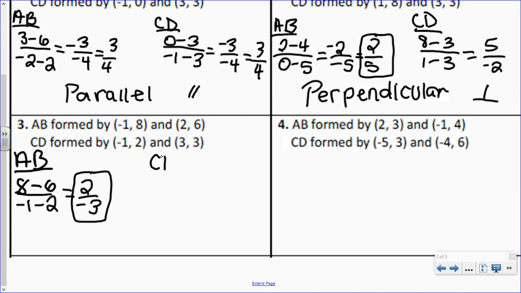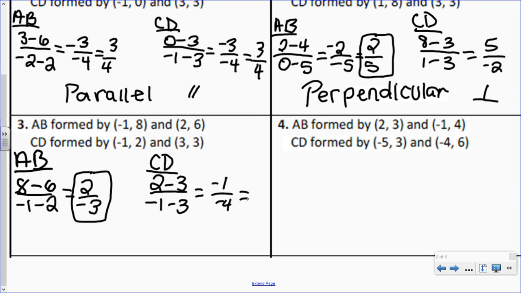And then so let's do CD. So we're going to subtract the y values again over subtract the x values. So 2 minus 3 is -1, and -1 minus 3 is -4.